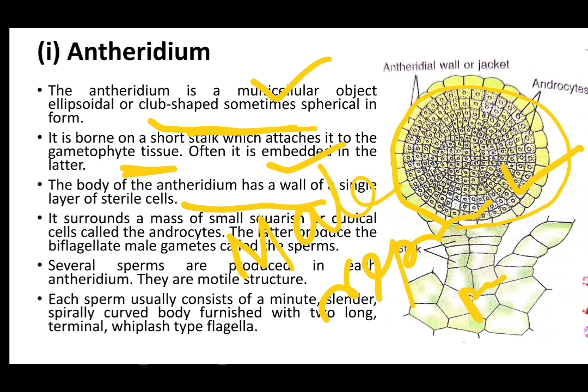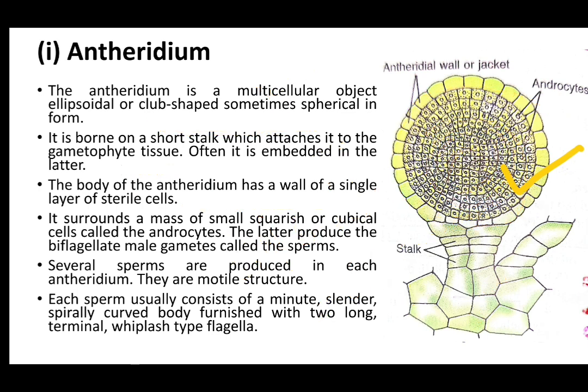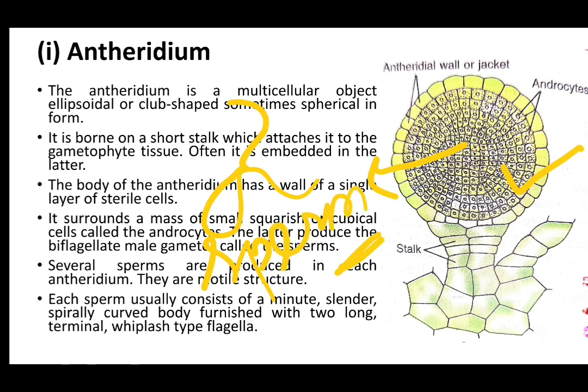Then it surrounds a mass of cells called androcytes. From these androcytes, biflagellate sperms are produced.